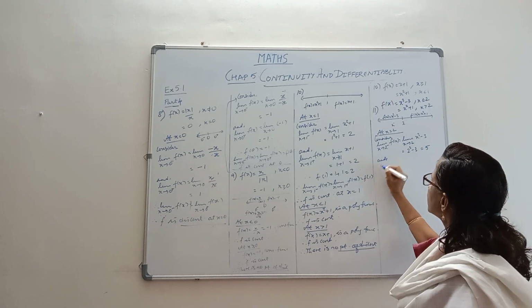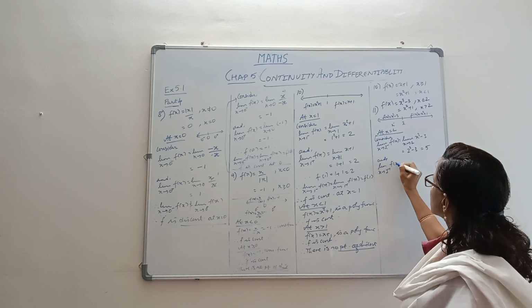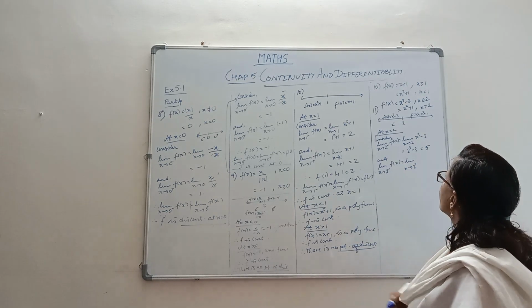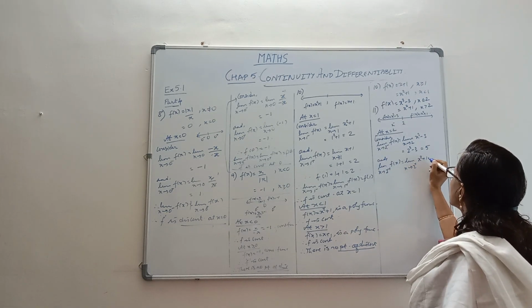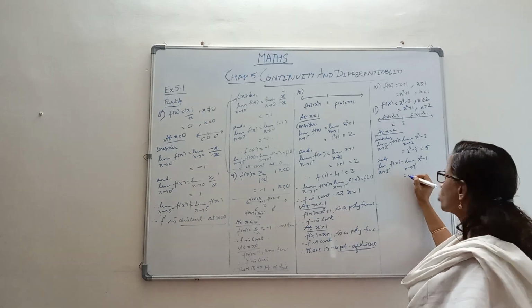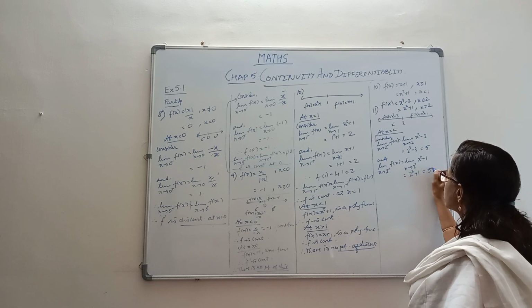And we are taking limit as x tends to 2 plus f of x. For us it is x squared plus 1. X is tending to 2, very close to 2, so you can substitute 2 squared plus 1. So that is 4 plus 1, that is also fine.